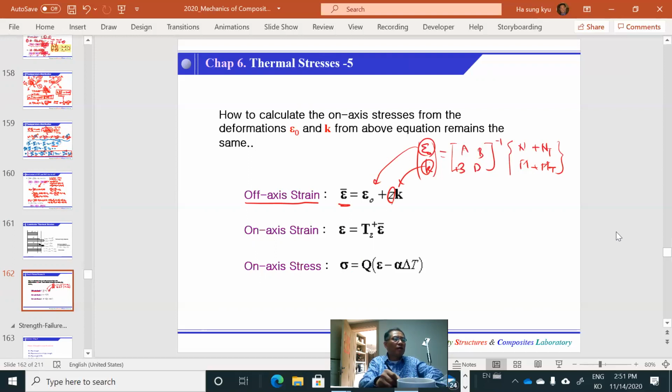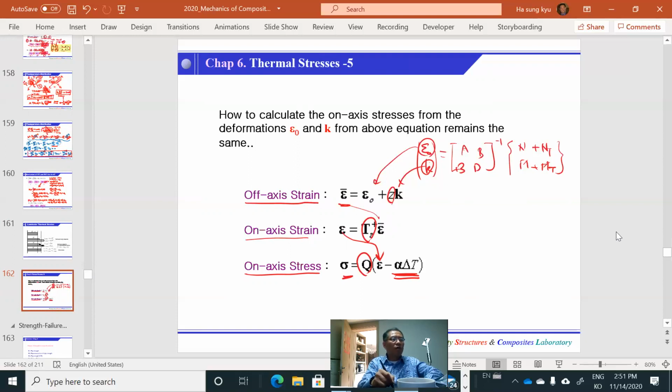On-axis strain is the transformation according to that ply angle. And then, very important, on-axis stress is to multiply by the stiffness. Also, don't forget, we have alpha delta T. So this one goes here. We need to subtract alpha delta T to calculate the sigma.